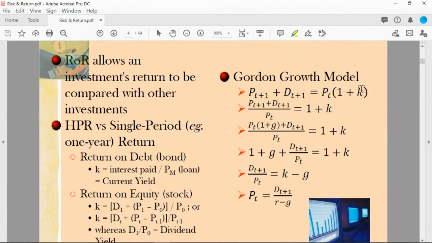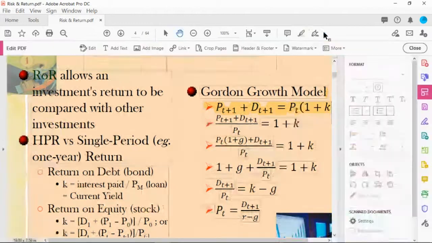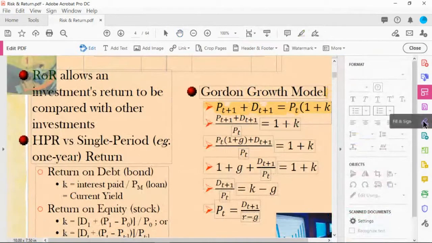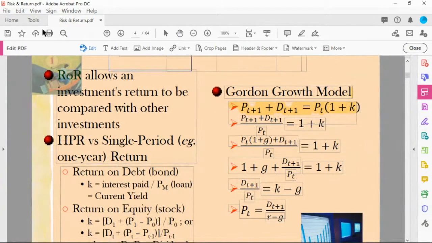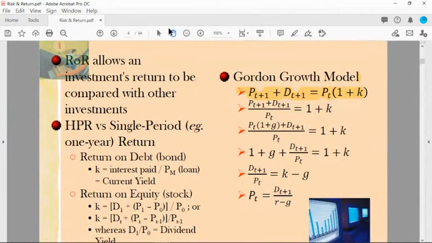So if this was G, no, this is a PDF file. It doesn't allow me to do that. What can I do? Just bear with me. So if it wasn't K but G, right?